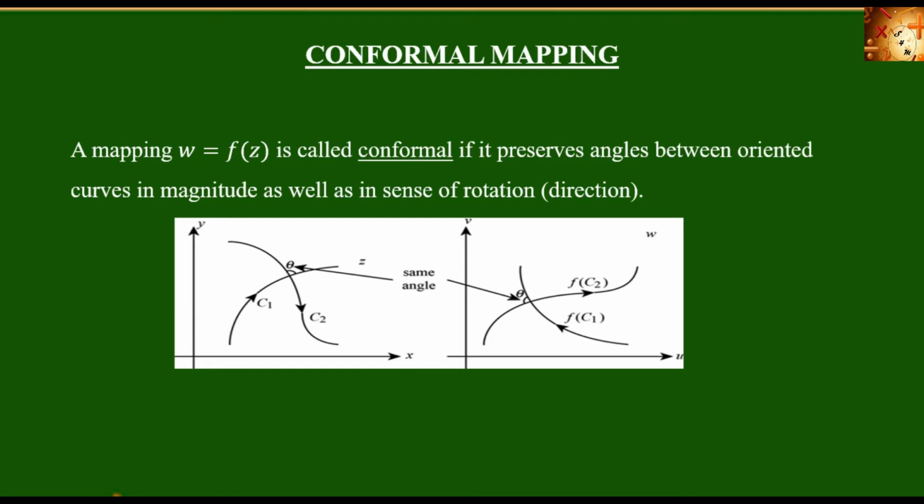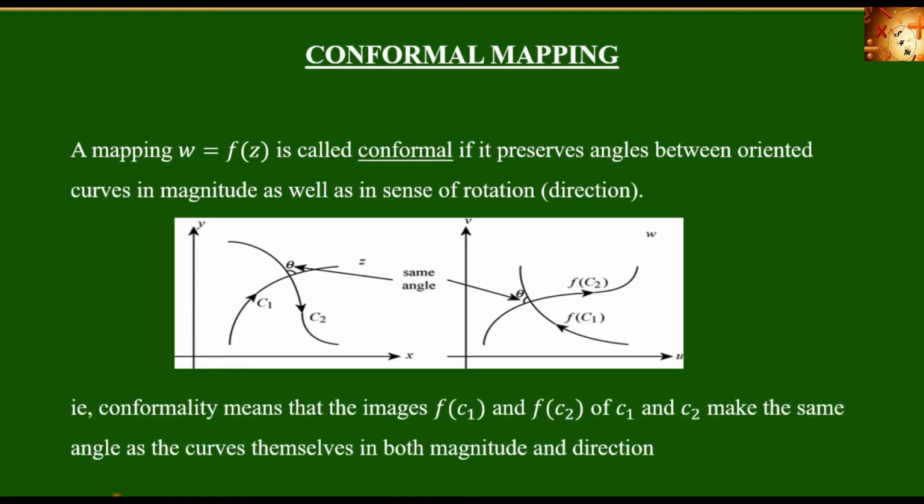Then in the w plane, f of C1 and f of C2 make the same angle theta. Conformality means the images f of C1 and f of C2 make the same angle as the curves themselves, in both magnitude and direction. So a conformal mapping is a mapping which preserves angles in magnitude and in direction.